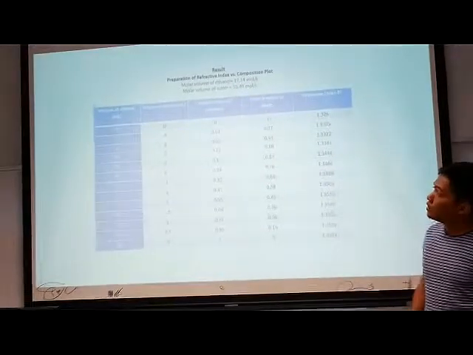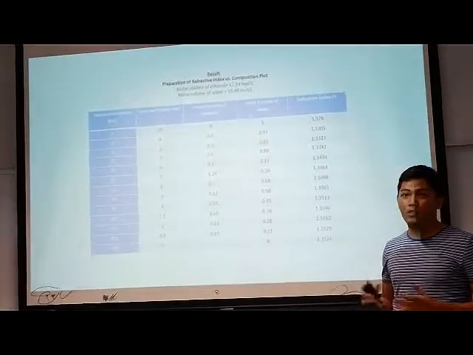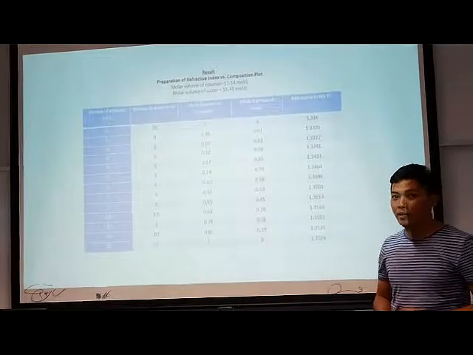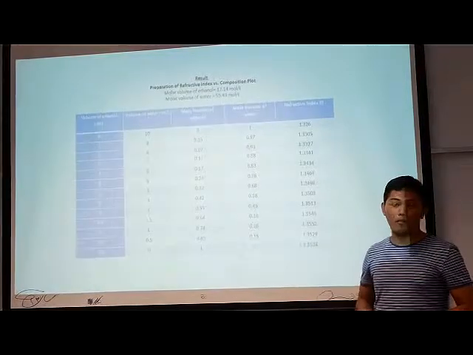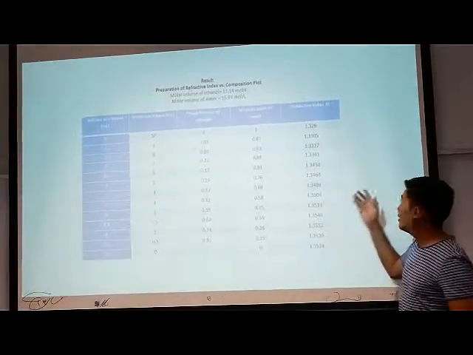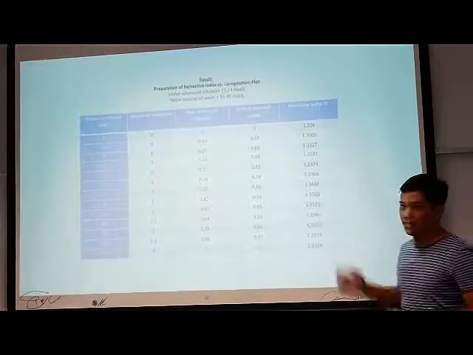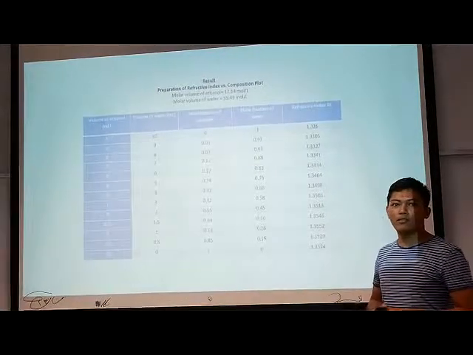So basically, we are using water and ethanol. We mix it in portions. We make it into 30 samples. As you can see, as we decrease the portion of water and increase the ethanol, the refractive index is increasing. So we take this as a reference and we plot it into the graph.